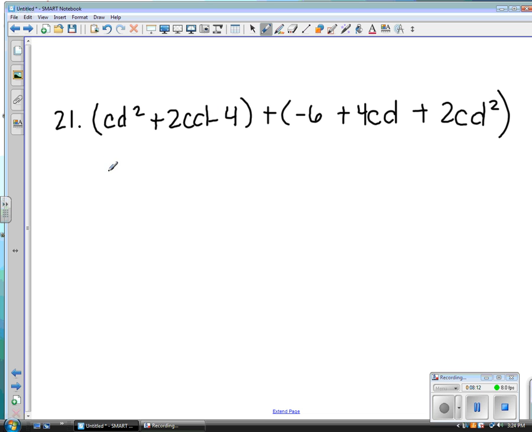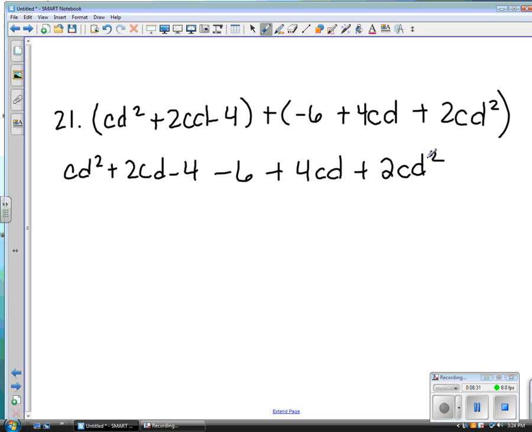Again, nothing to do inside, so this is an add, so I'm just going to drop all my grouping symbols. I'm going to go ahead and make this a minus 6 because of this negative 6 here. I'm going to rearrange.